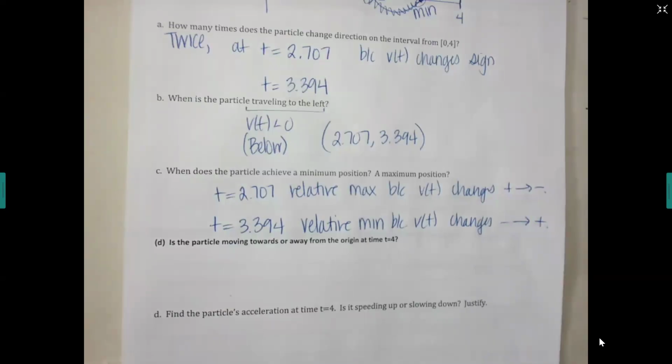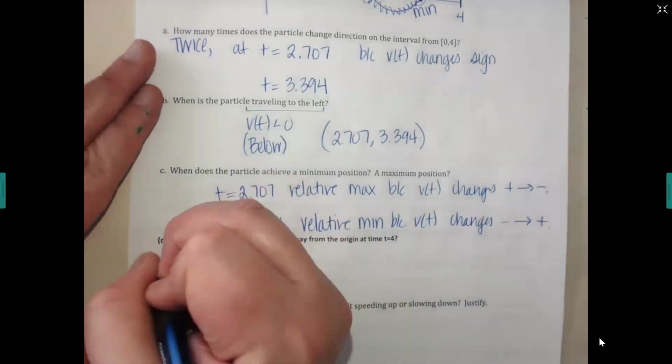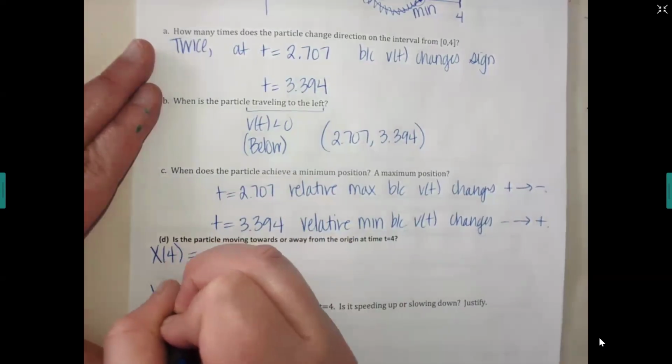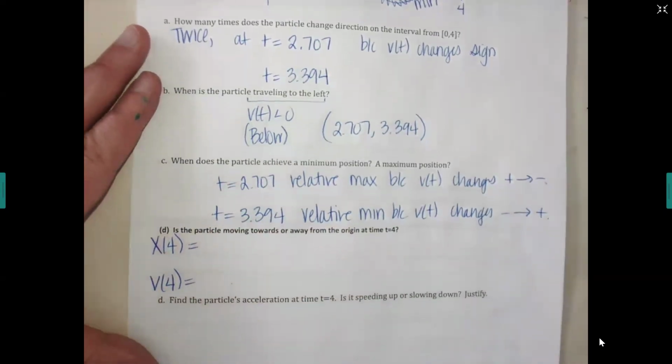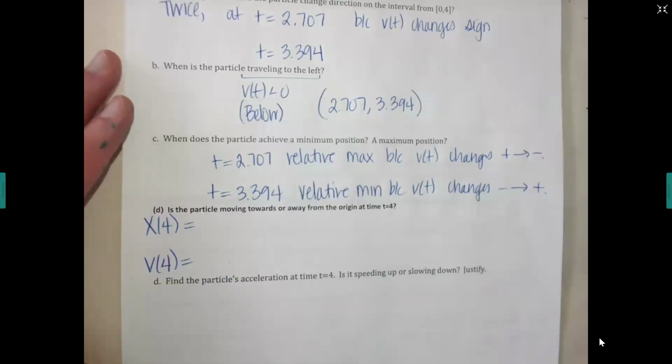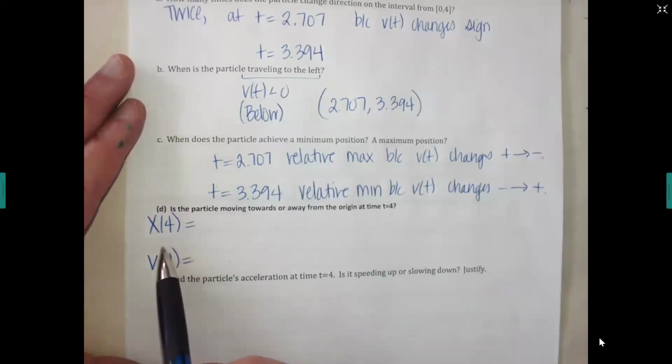Okay. Next question says, is the particle going towards or away from the origin at 4? There are 2 things that you need to answer that question. You need to know the position at 4, and you need to know the velocity at 4. Now, question, if you're looking at a velocity graph, how will I find the velocity at 4?